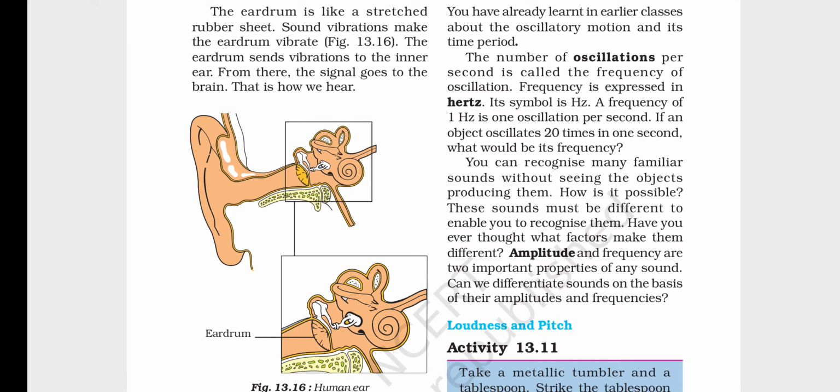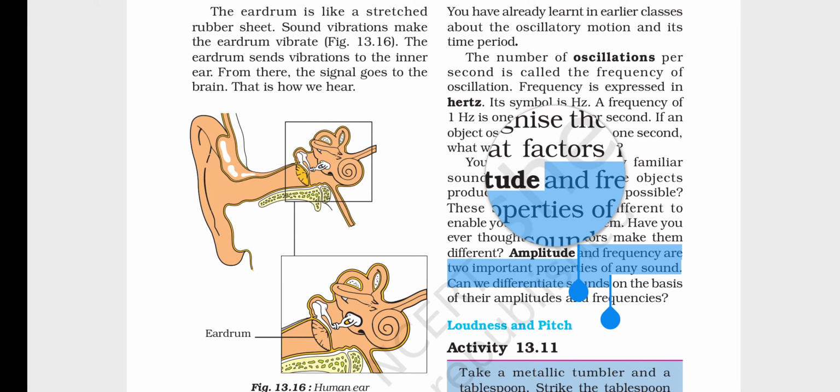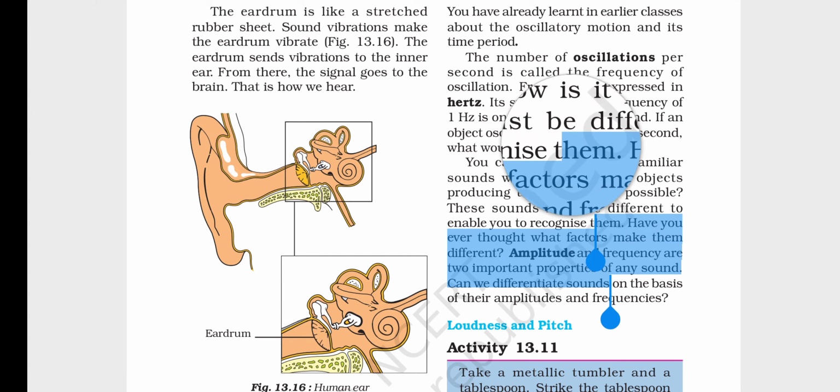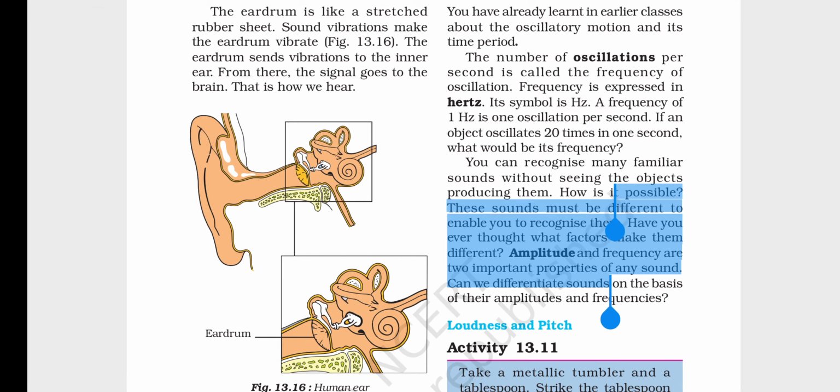That means the number of to and fro movements of an oscillation or a pendulum in 1 second, right? So the number of oscillations per second is called the frequency of oscillation. Frequency is expressed in hertz. Its symbol is Hz, right?